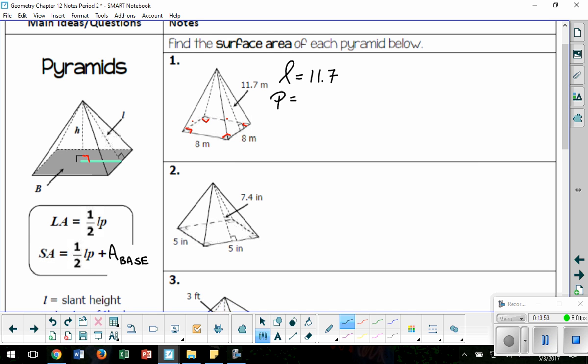How do I find my perimeter of the base? 8 plus 8 plus 8 plus 8, which is 4 times 8, 32.